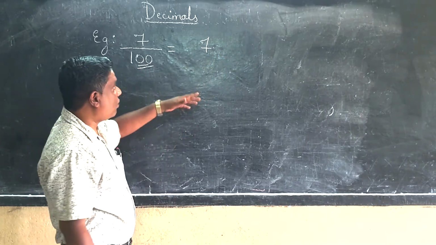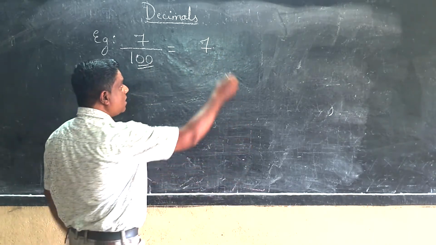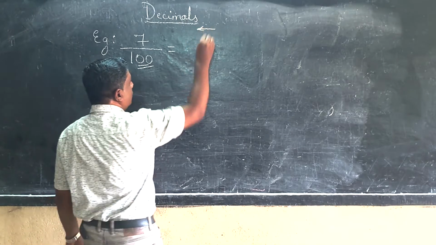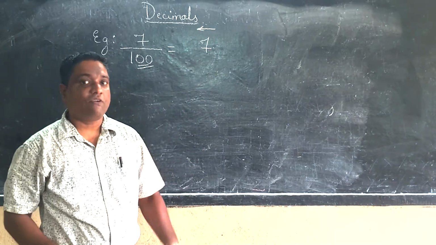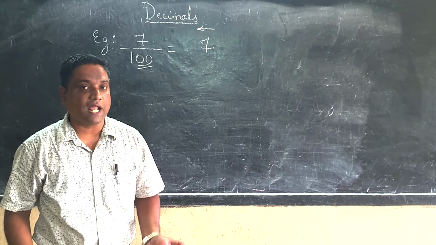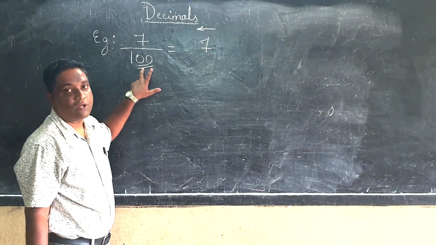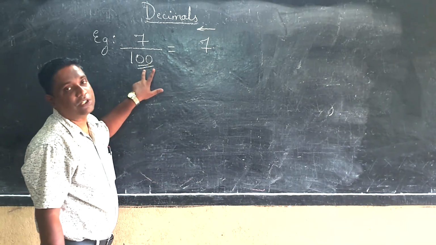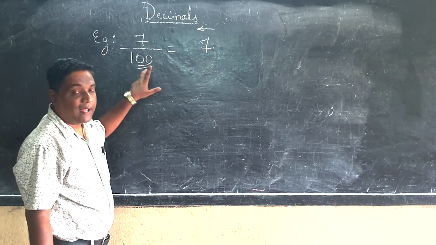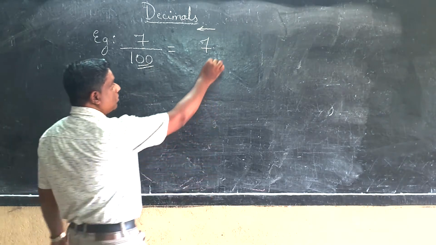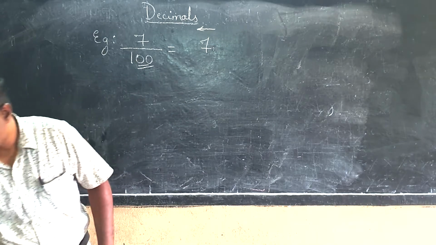Now I need to move this point towards the left. How many times do I have to move the point towards the left? How many zeros do I have? I have 2 zeros. Understood? The point is after 7.